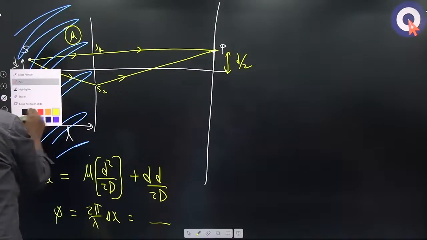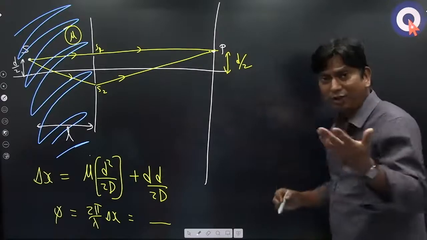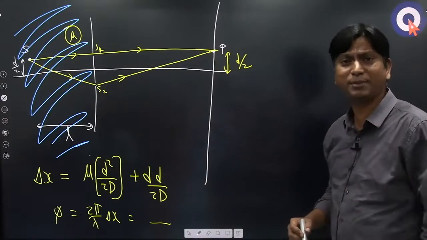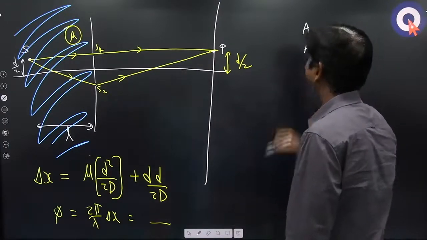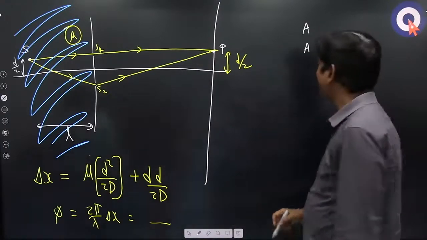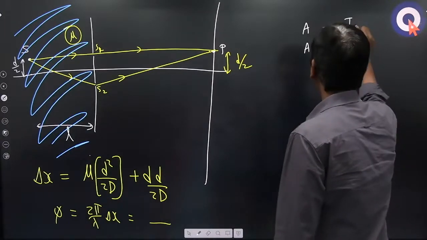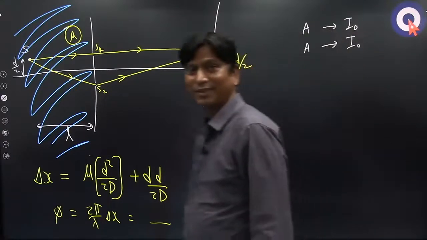The simple thing here: suppose we talk with respect to amplitudes, because when it comes to amplitudes you can directly use these phasor methods. Okay, so A and A, right? For A the intensity is I naught, and for this A the intensity is I naught, right?